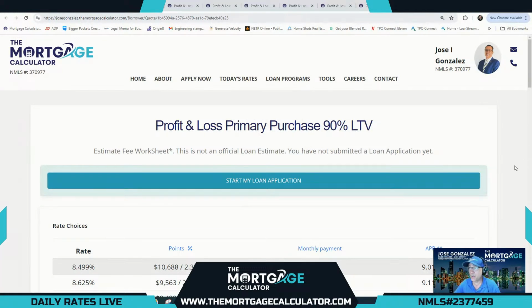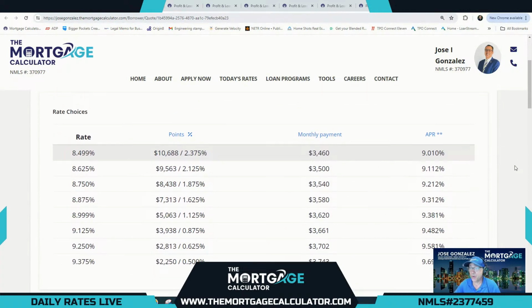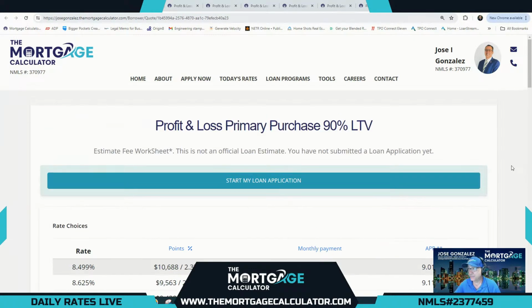So our first example here is 90% LTV, primary purchase, and our lowest cost option, 9.375, lowest rate option, 8.499. This is at the maximum LTV of 90%.